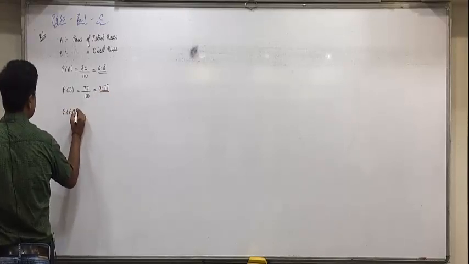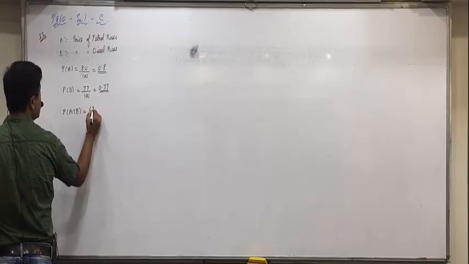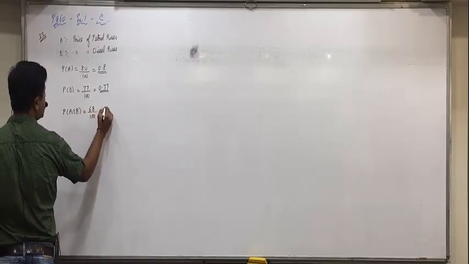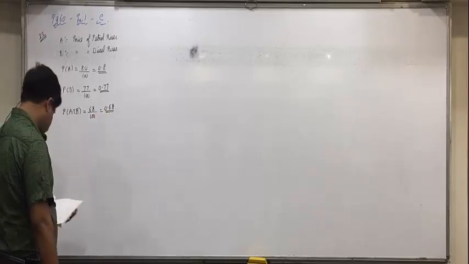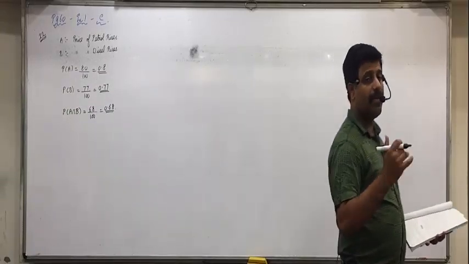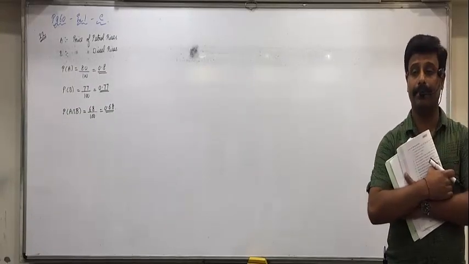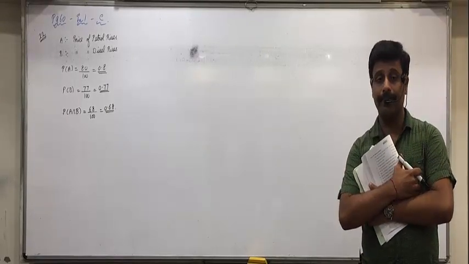And P(A intersection B) equals 68%, so 68 by 100, 0.68. Now directly we have to apply the formula. So, did everyone write up till here? Anyone still writing up till here?